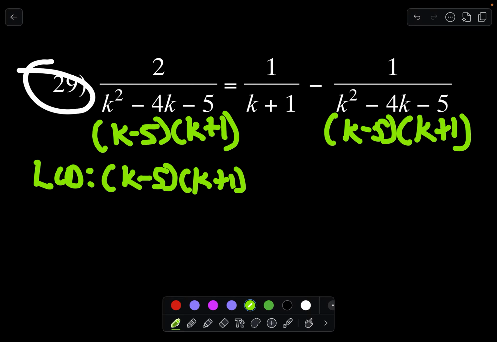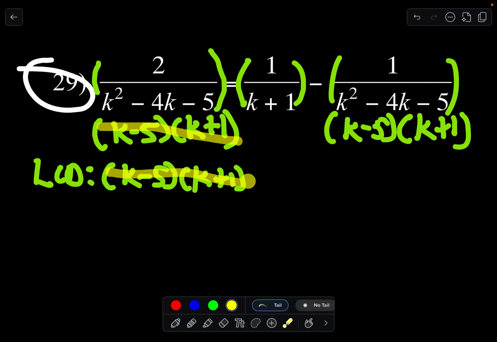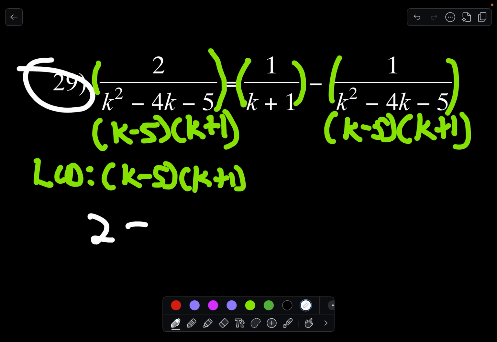So we're multiplying each of these fractions by that. And when we do that, you'll see things divide out, like k minus 5, k plus 1 divides out with the k minus 5, k plus 1. In other words, this goes away when we multiply by that, leaving us with the 2. Equals.